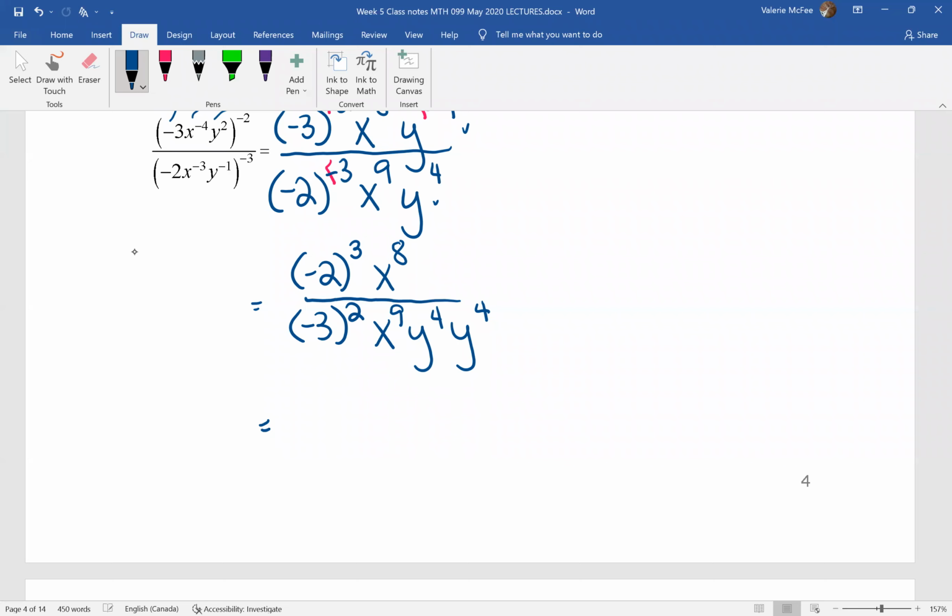So negative 2 cubed is negative 8. Negative 3 all squared is positive 9. I see that there are more x's in the denominator, 1 more. And these y's, I can simply multiply the powers with the same base and add the exponents.